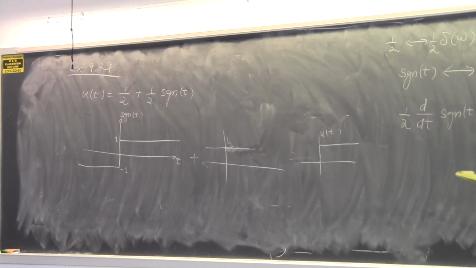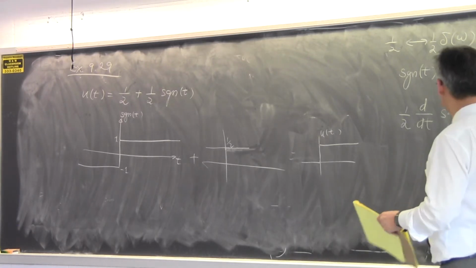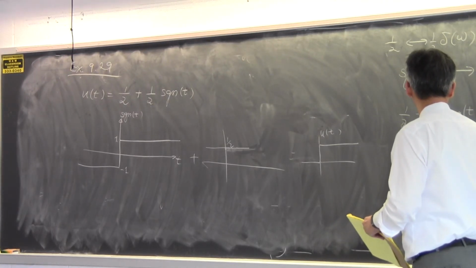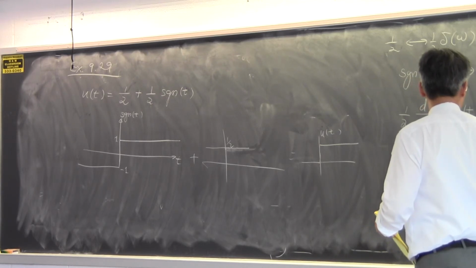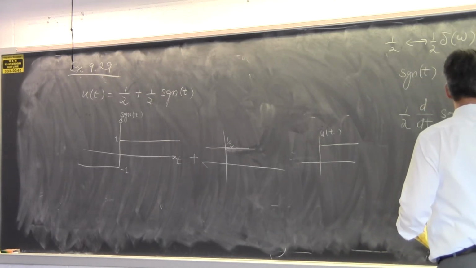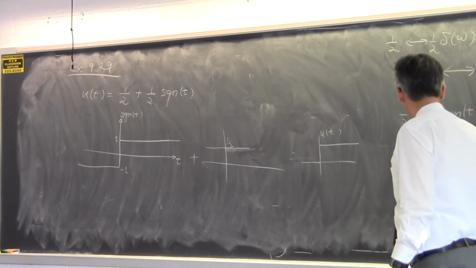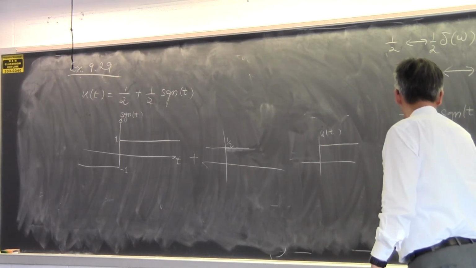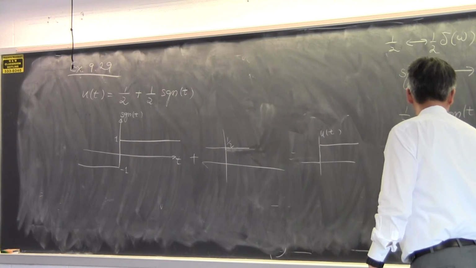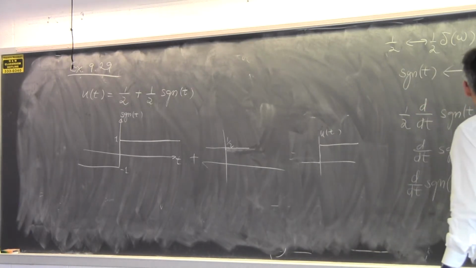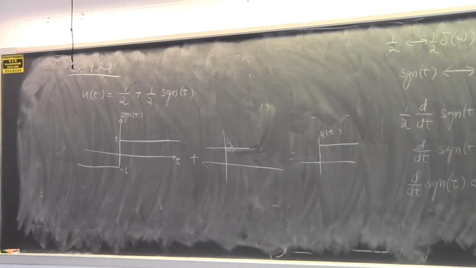If I take half of that thing and differentiate it, I get a delta function. And I know how to Fourier transform a delta function. We already derived the Fourier transform identity, so I know that the derivative of the sign function must Fourier transform to, what does it Fourier transform to? 2, right?